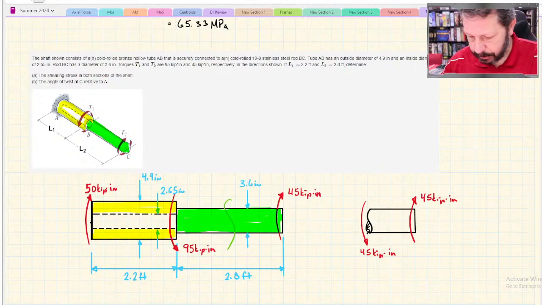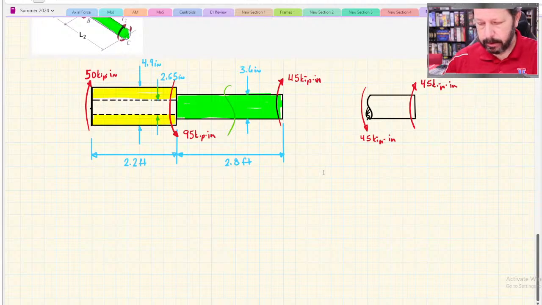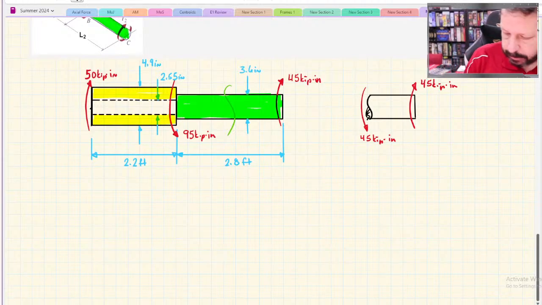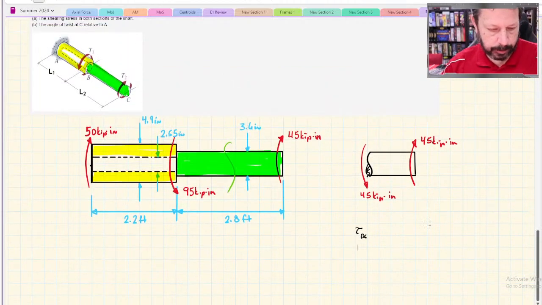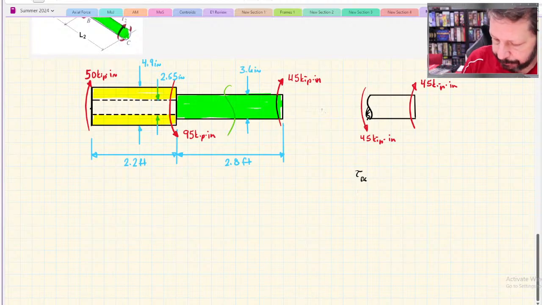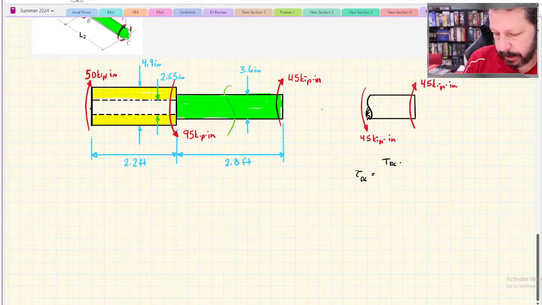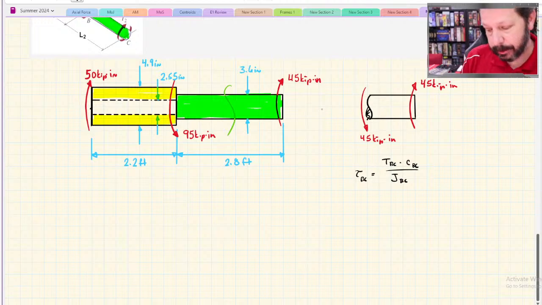All right, so I've got to find tau for, well, it's not even labeled. Oh, BC. I see some letters on our diagram here, A, B, and C, so this is section BC. Stress in BC is equal to the torque in BC times the outer radius of section BC, because we want the worst case, over the polar moment of inertia of section BC.